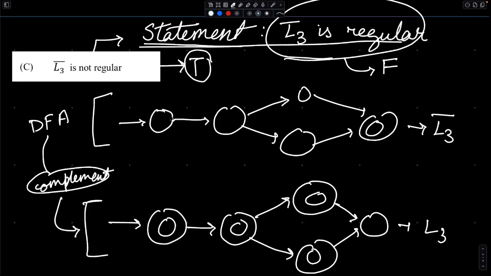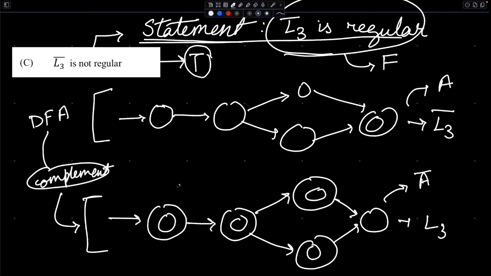Whatever language A is, we can draw the finite automaton for its complement also. So we get a finite automaton. A finite automaton being present for a language means that it is regular, right? I explained this whole part just now. If you are not able to understand it, please rewatch this section of the video. I think I have explained it good enough.